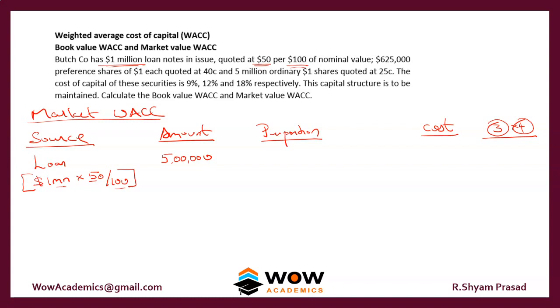So the next one is preference shares. Preference shares, if we take, it's 6,25,000 worth, but that is nominal value because each was $1, but it's stated at 40 cents. So we can again put it like this. The value is 6,25,000, but this value is a nominal value, so we don't need nominal value.